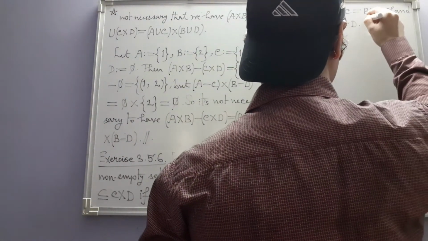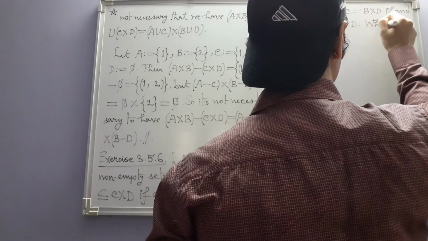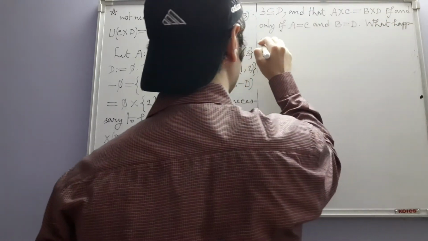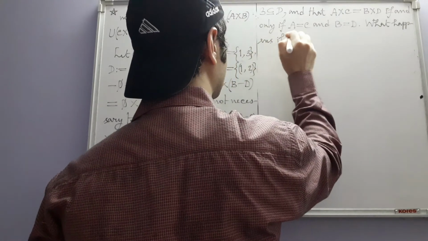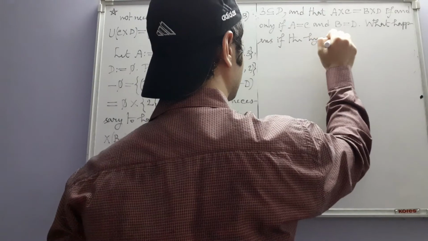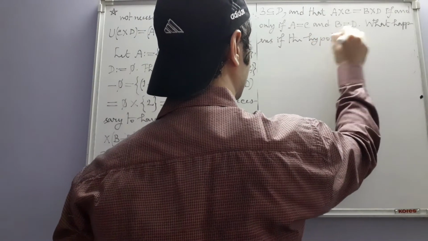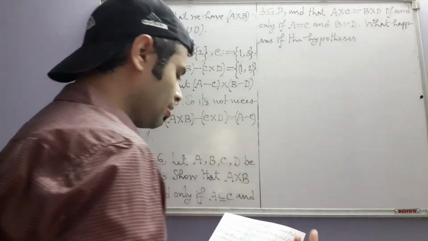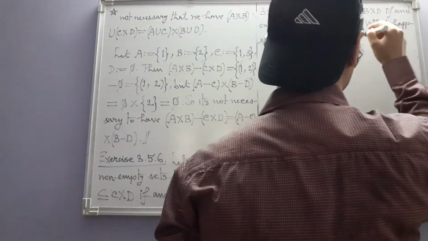What happens if the hypothesis that A, B, C, D are all non-empty is removed?